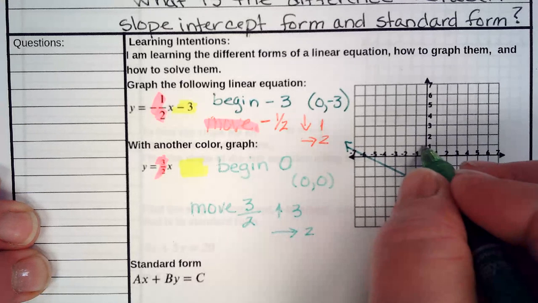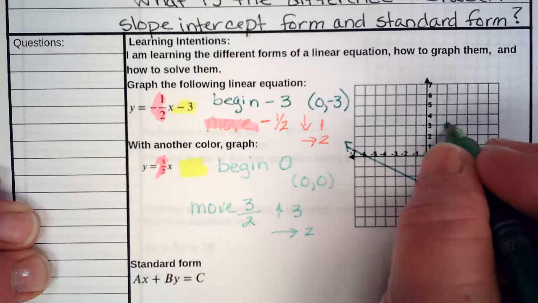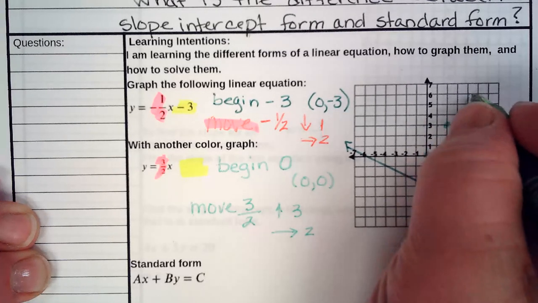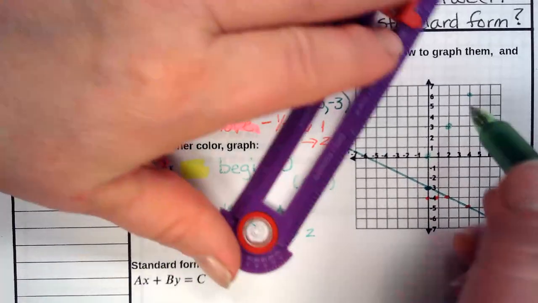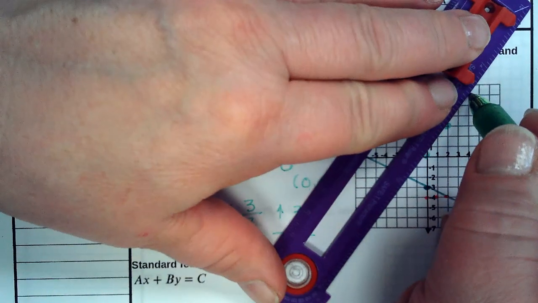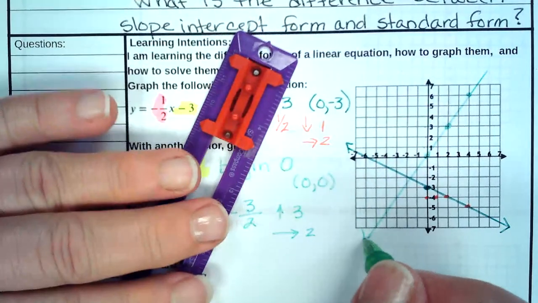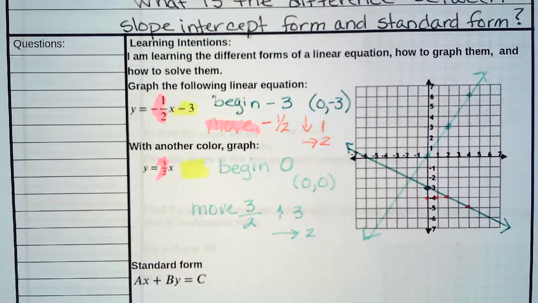I go up 1, 2, 3, right 1, 2. I've got a second point. You can do this as many times as you want to get as many points as you want to connect. Draw your line. And those are the two lines that we were graphing.